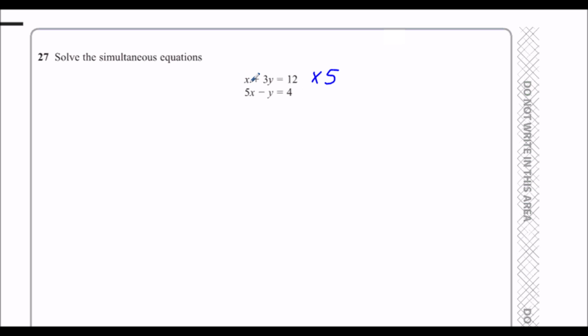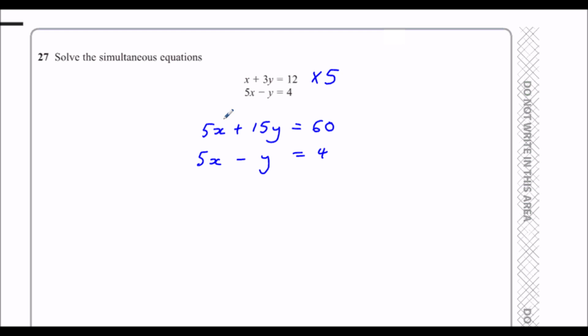So 5 times x is 5x. 5 times 3y, that's 15y. And 5 times 12, 60. And I'm going to leave the second equation as it is. 5x minus y equals 4.